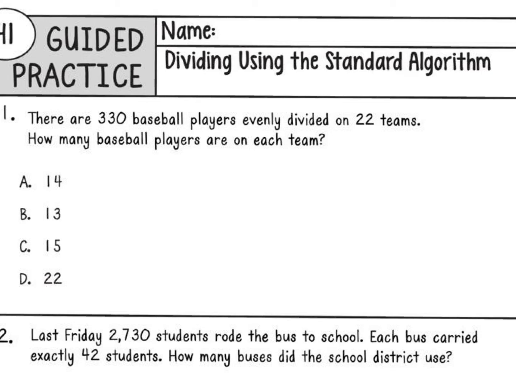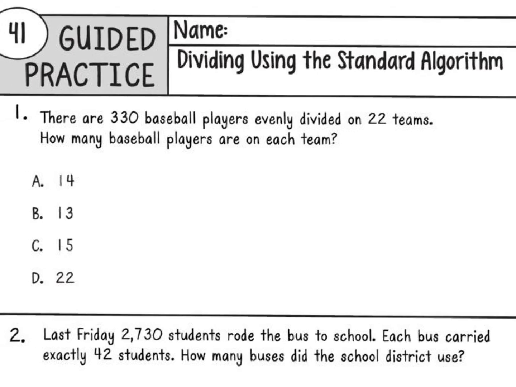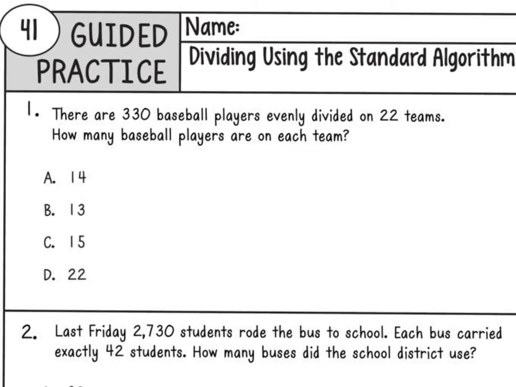All right, there are 330 baseball players. I'm going to circle 330. Evenly divided, that's a keyword I want to make sure I box, on 22 teams. Underline my question.